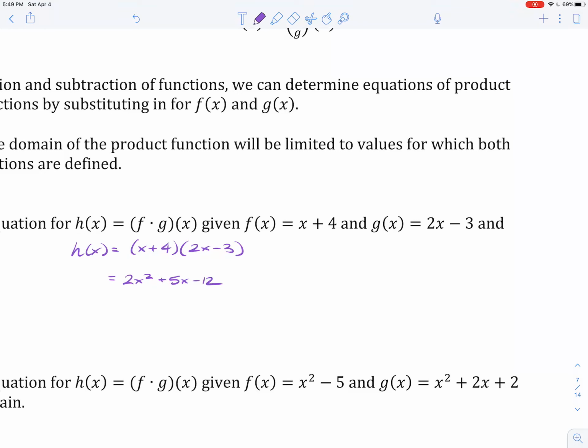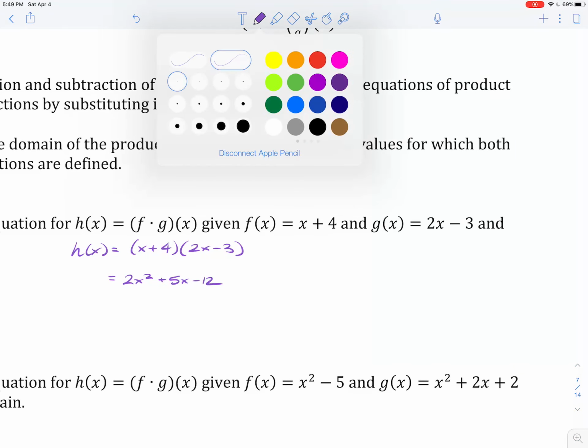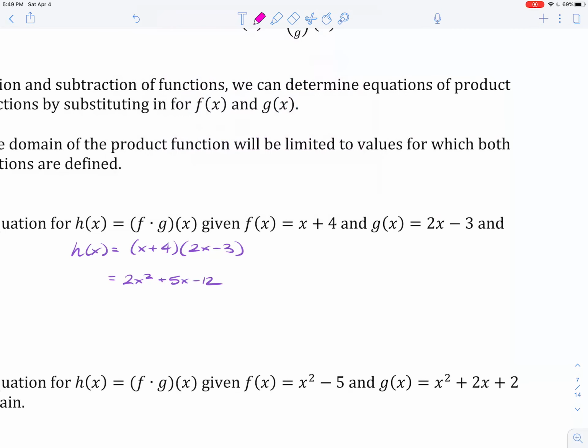When we look at the domain, just as we did with sums and differences, the domain of the product function is only what's common between the domains of the original functions. Now in this case, the domain of f, well, it's a linear function, so we're talking about all reals.